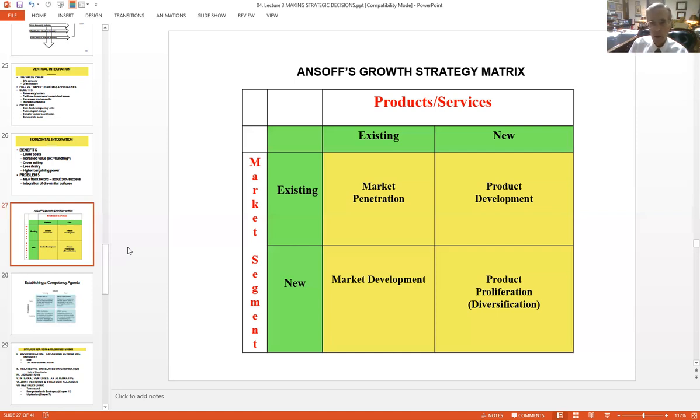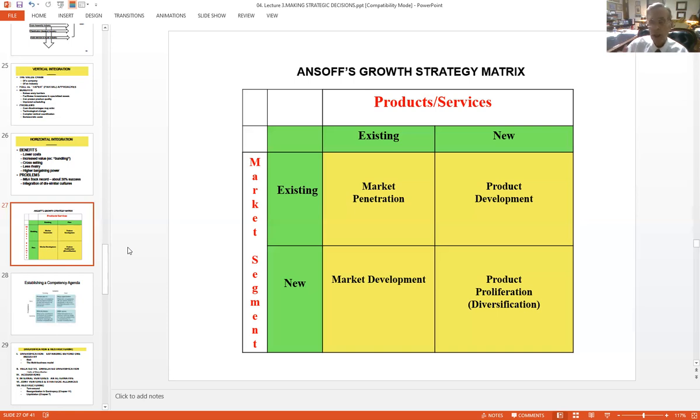So Ansoff reasoned quite logically that products or services or businesses within a corporation are either existing or they could be new. You could come up with new ones. And the markets that you serve are either served now, or in order to grow, you're going to enter new markets.